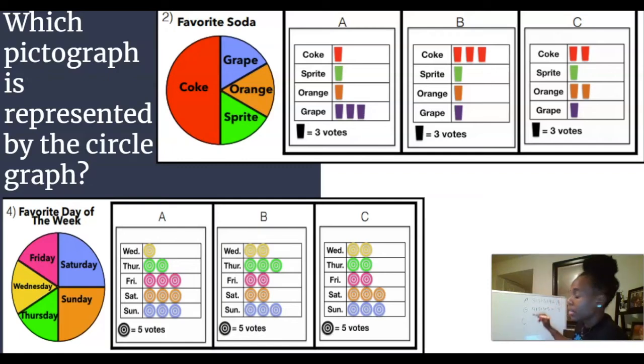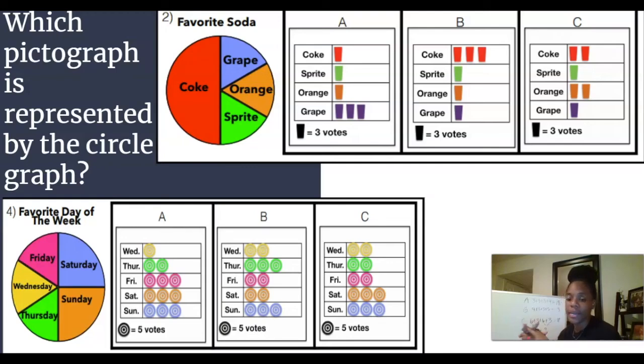And then C says 6 plus 3 plus 6 plus 3, 9 plus 9 is equal to 18. Now the total amount for all of them is equivalent to 18.